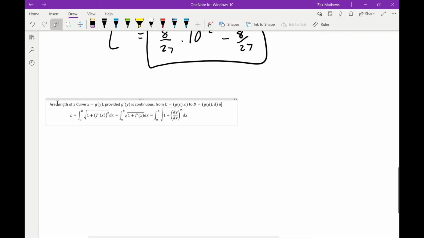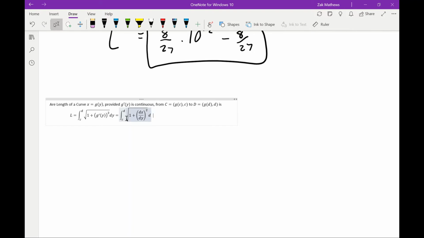So then the length of our curve will be the integral from c to d of the square root of 1 plus g prime of y squared dy, which is going to be the same as if we used our dx/dy notation: the square root of 1 plus dx/dy squared, and then this is now a dy.